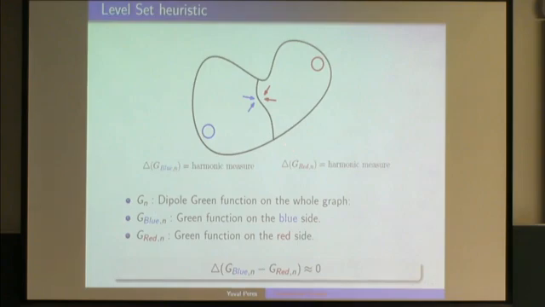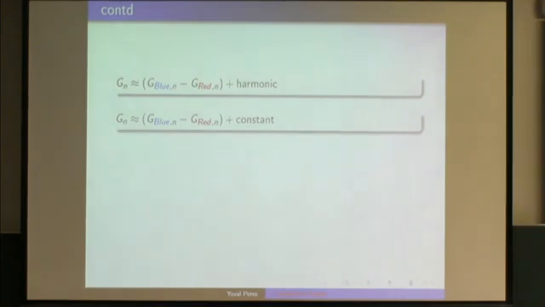The equality of these harmonic measures means that Gn, if we compare it to the difference of these two Dirichlet green functions, the difference will be harmonic everywhere. But harmonic everywhere with reflecting boundary conditions means it's a constant. So Gn is the difference of these two Dirichlet green functions with respect to the unknown interface that we're trying to find.